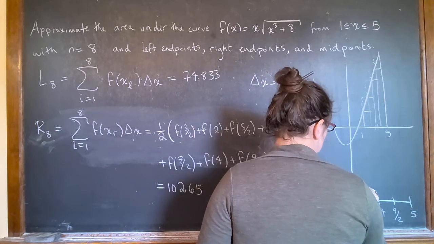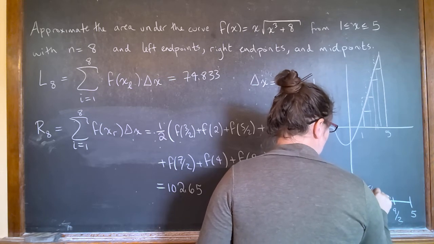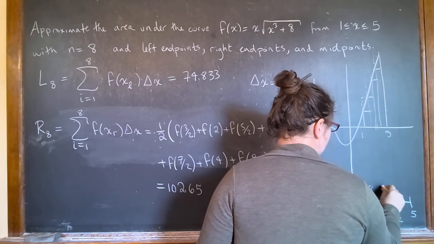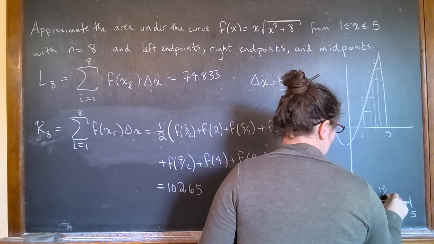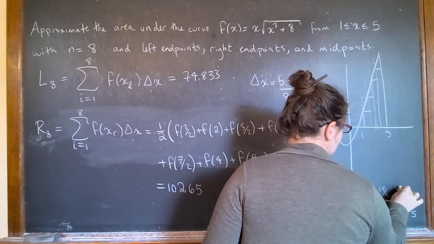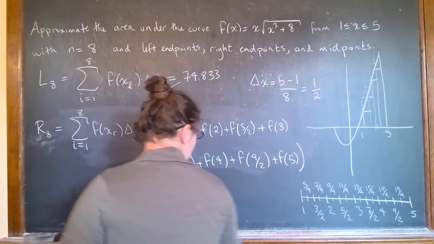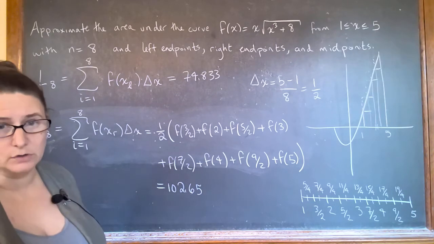Of course, you can use the midpoint formula, or you can just figure it out. 15, 16, 17 fourths, 18, no, 19 fourths there, right? Because then 20 fourths would be 5. Okay, so those are the midpoints of my intervals.